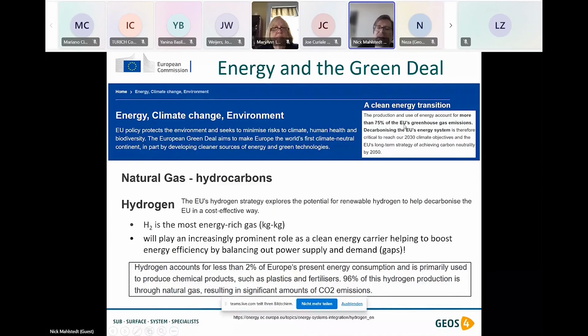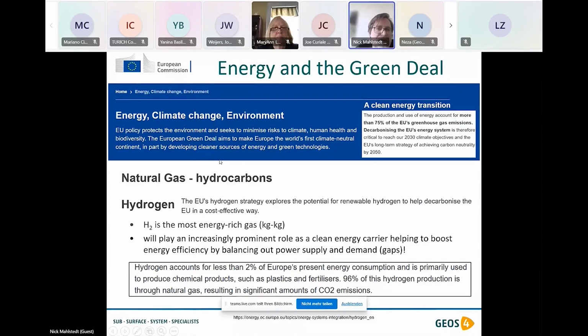The clean energy transition is not only about lowering carbon emissions, but it's also about guaranteeing a secure and stable energy supply. Nevertheless, the production and use of energy account for more than 75% of Europe's greenhouse gas emissions, and therefore decarbonization is really critical to reach Europe's climate goals and carbon neutrality, in part by developing cleaner sources of energy.